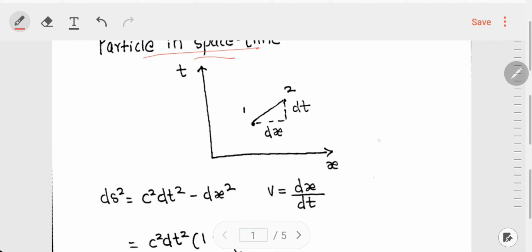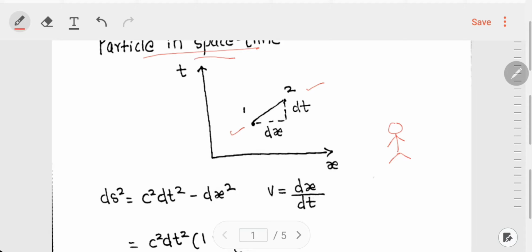Here in this figure we have an observer, and the observer is observing the particle which is moving from location 1 over here to location 2. In this case, we will not consider the 4-dimensional space-time. We'll just consider the x component for the spatial directions and the time direction.